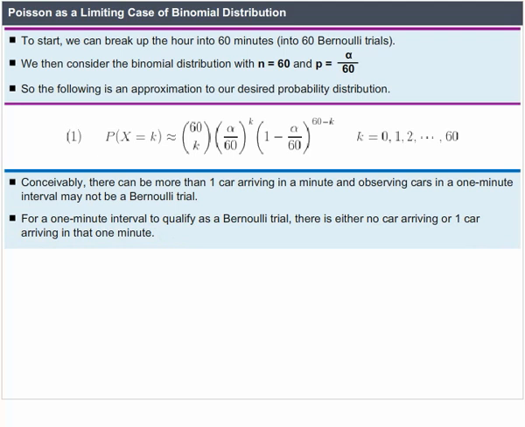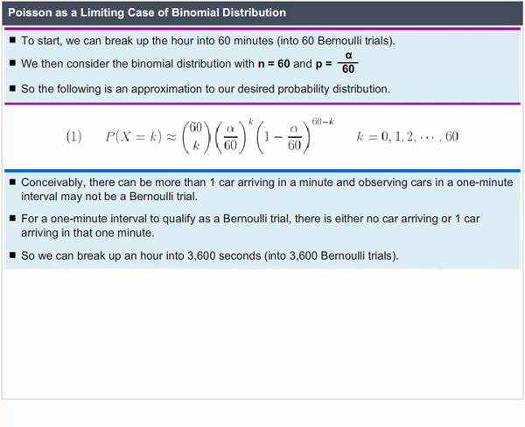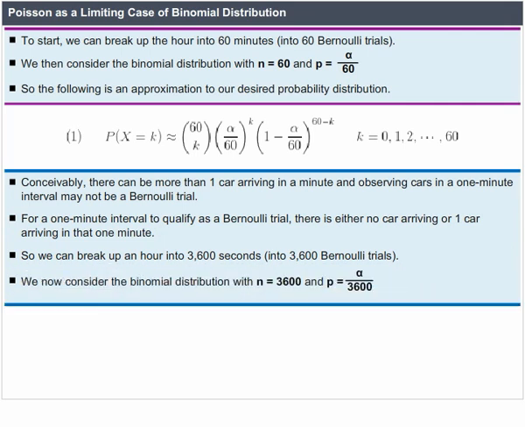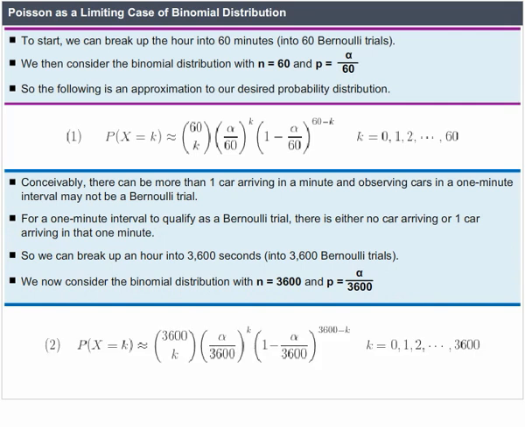So we can break up an hour into 3600 seconds, that is, 3600 Bernoulli trials. We now consider the binomial distribution with n equal to 3600 and p equal to alpha by 3600. Number 2: probability of X equal to k is approximately 3600 C k, alpha divided by 3600 whole power k, 1 minus alpha divided by 3600 whole power 3600 minus k, where k is equal to 0, 1, 2, etc., up to 3600.